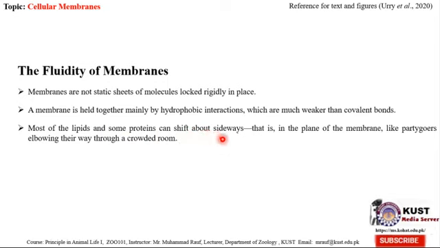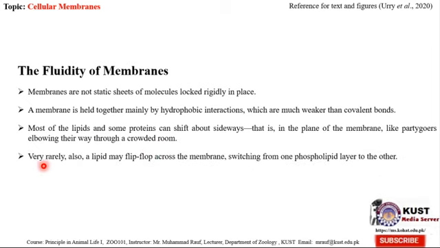They can shift their positions sidewise, that is in the plane of the membrane, like partygoers elbowing their way through a crowded room. Very rarely a lipid may also show a flip-flop cross movement. It is rare because it happens only about once in a month, switching from one phospholipid layer to the other.